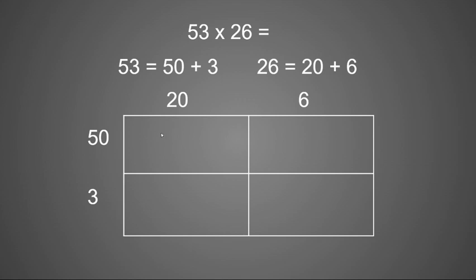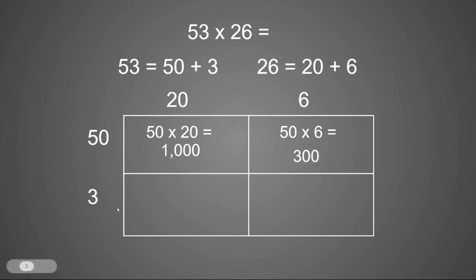We're now going to multiply through. So 50 and 20 goes in the first box. 50 times 20. I know 5 times 2 is 10, and then I have 2 more zeros, so that would be 1,000. Then I'm going to slide my 50 over and grab my 6 from above to get 50 times 6. 5 times 6 is 30, so 50 times 6 is 300.